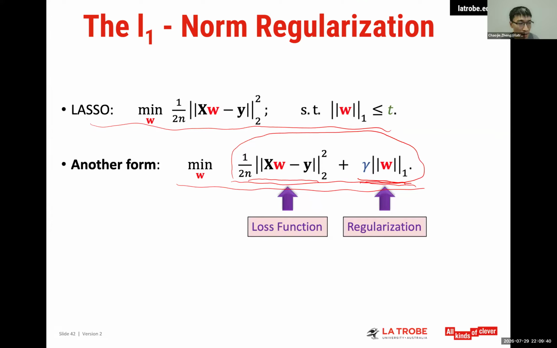So for example, for linear regression, for the loss function term, we can use the mean squared error as the loss function. And for logistic regression, we can use this term for that. Although we didn't learn that, but just for your information. So we can use this term as the loss function term. And in this way, this equation will become the objective function for logistic regression.